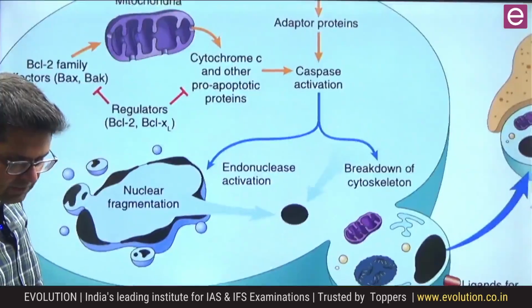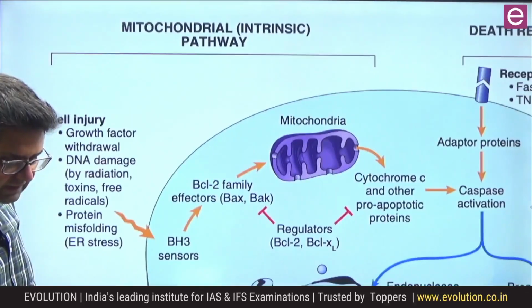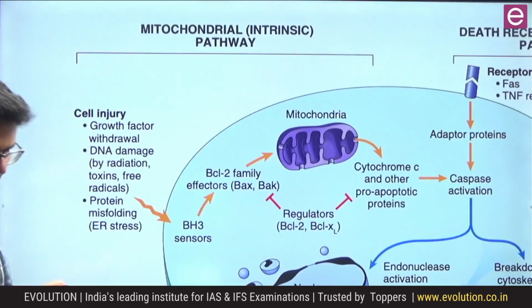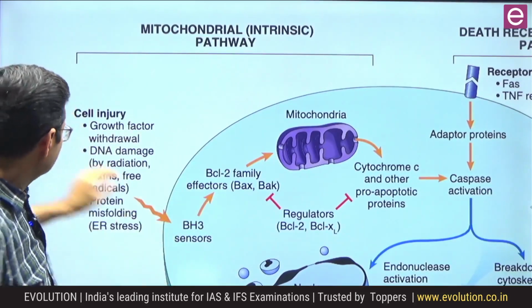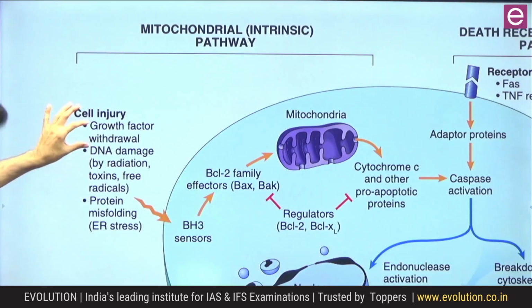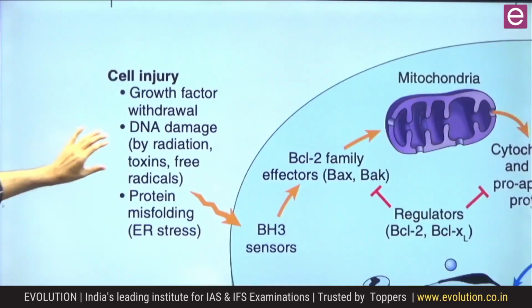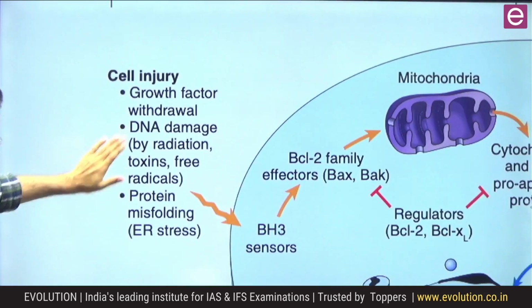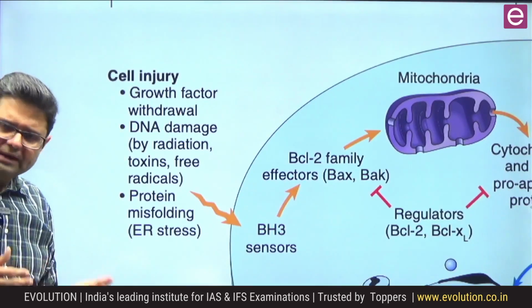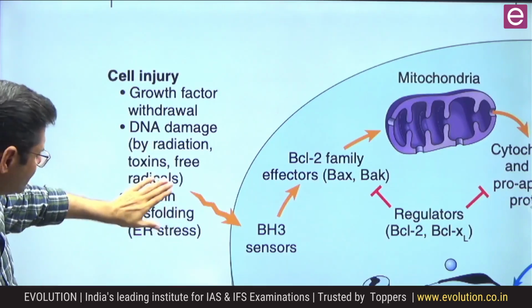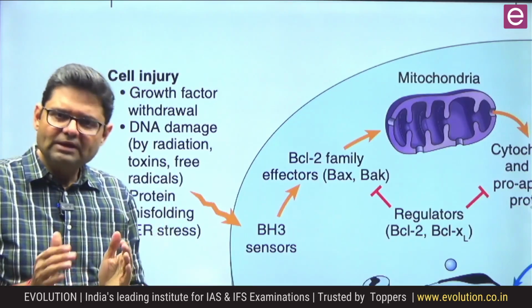Right? Now see the mitochondrial intrinsic pathway. Here you see that there can be growth factor withdrawal. Then there can be DNA damage by radiation, toxin, free radicals and all. There can be a lot of protein misfolding and all. They can all lead to some amount of stress on the cell.